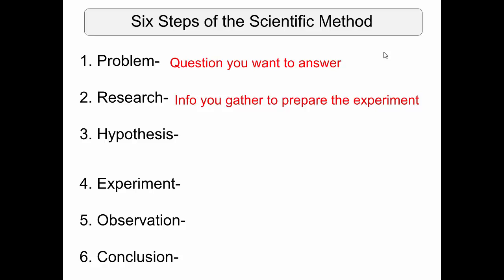So in that plant experiment, what kind of research do you think the scientist had to do before she could set it up? What kind of background information would she need to know?